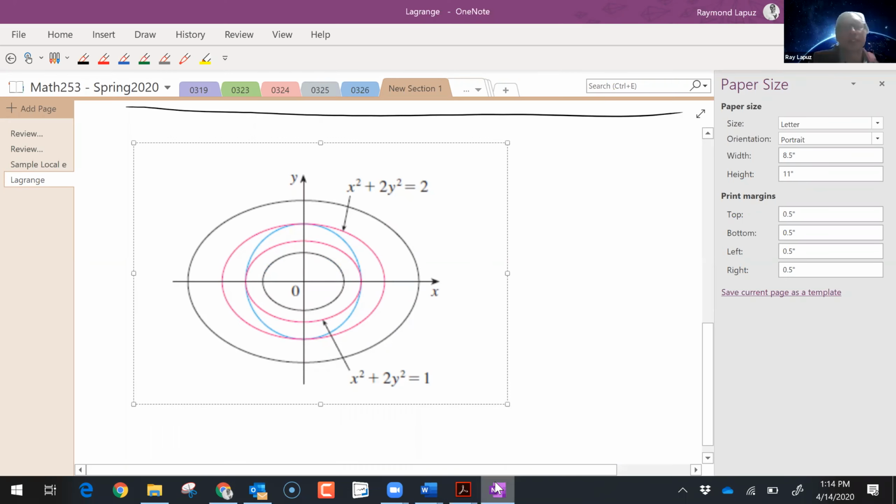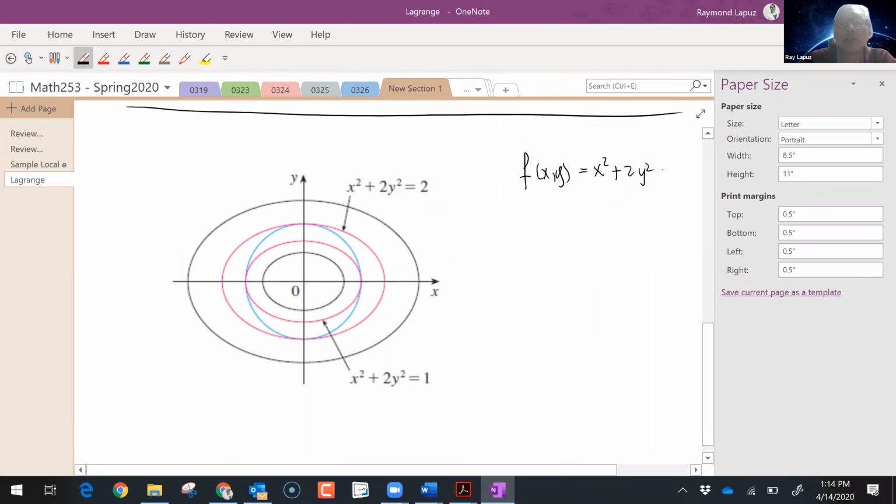All right, so this is a setup. Your actual function, f of x y, is x squared plus 2y squared. And so this 2 here just says that this has level 2. That's not a negative 2, that's a k equal to 2.